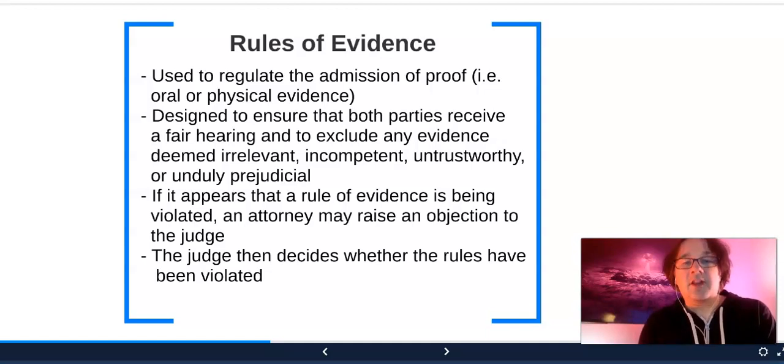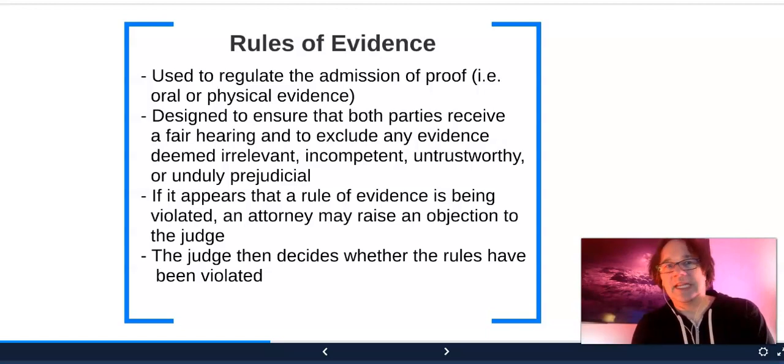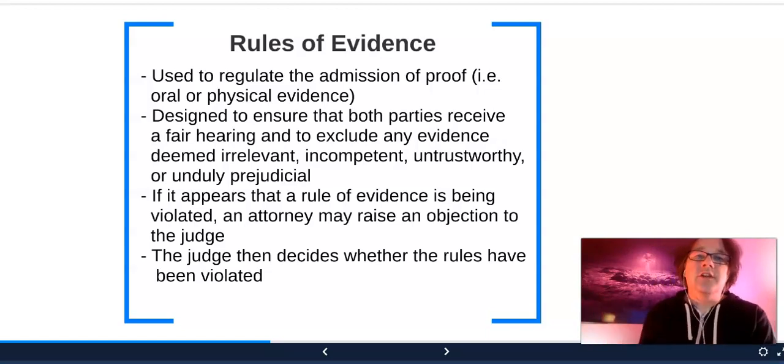If it appears that a rule of evidence is being violated, an attorney may raise an objection to the judge. The judge will then decide whether the rules have been violated, and that's when a judge will say sustain or overrule, right?